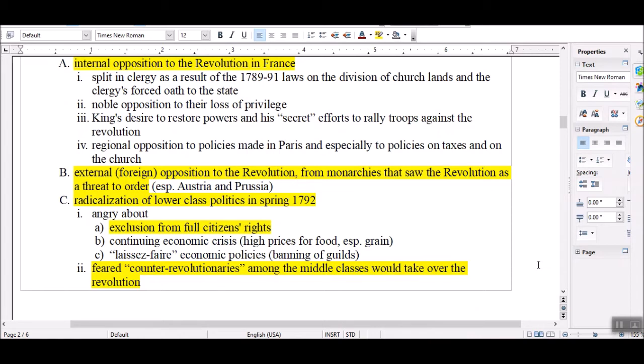And the two most important out of these, Austria and Prussia. Austria sees this not only as a threat to their power, but remember, the leader of Austria is Maria Theresa, and her daughter is married to the King of France and is now under house arrest. Well, sort of. They're being held in a palace in Paris. It's not that bad.